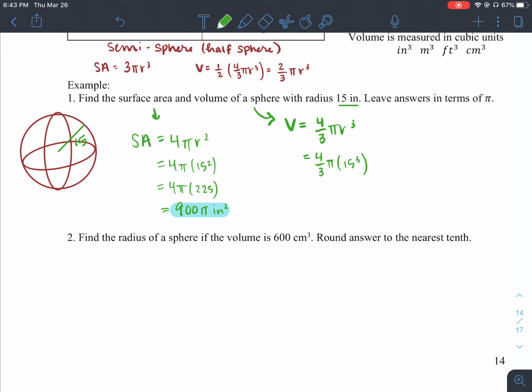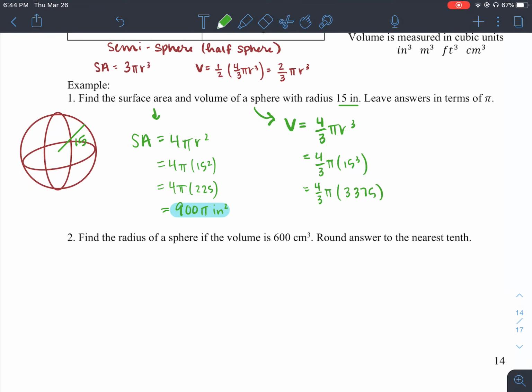I'm going to try and make it so it works so I can show you how to use it on your calculator. But if we were to cube 15, we should get 3,375.